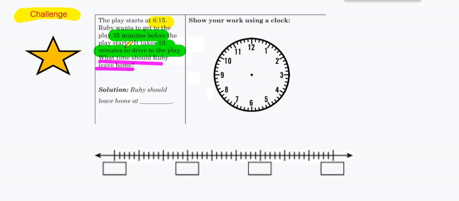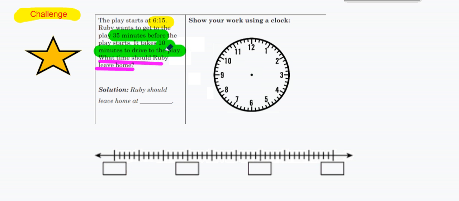Okay. This problem is a little bit tricky because it tells you the play starts. It mentions the word starts. Then I'm going to put 6:15 right here. Be careful with that, guys. Think about it before you do that. Because I'm going to go ahead and erase that. That's the time the play starts, yes.